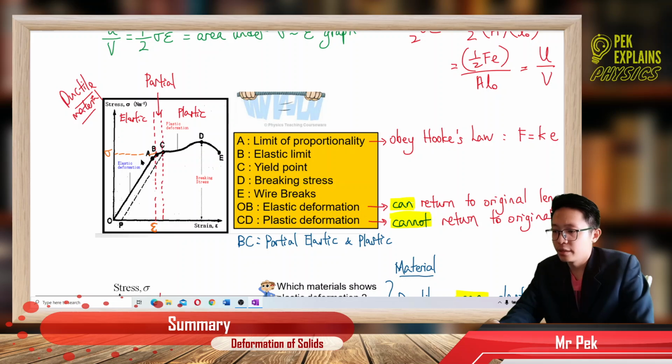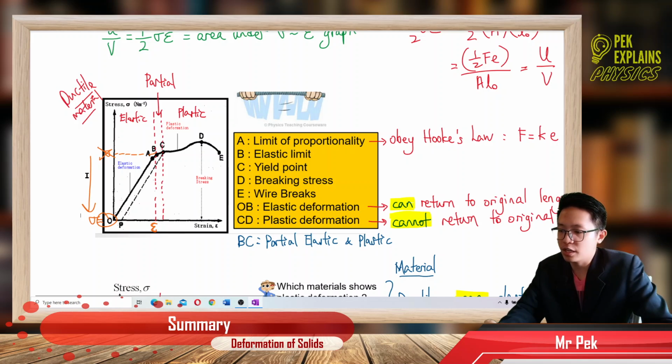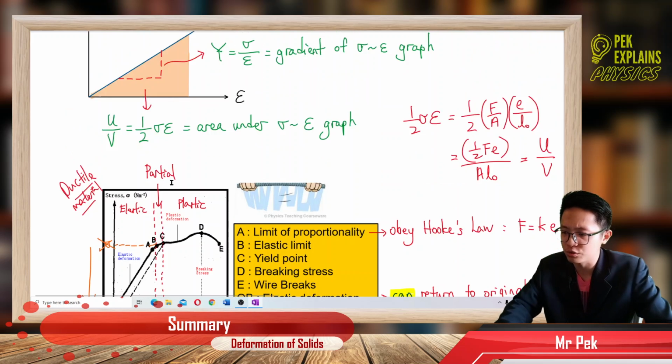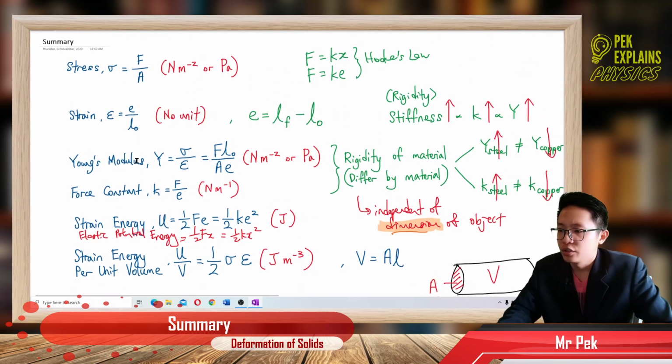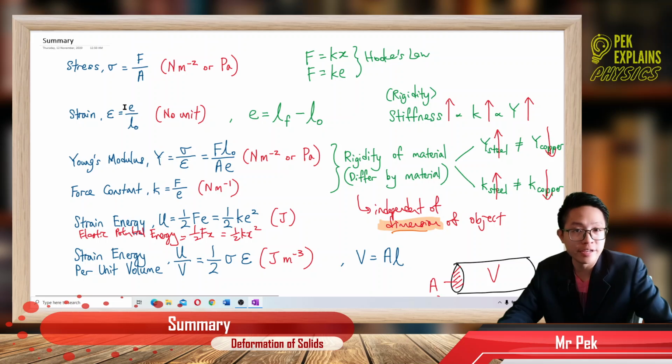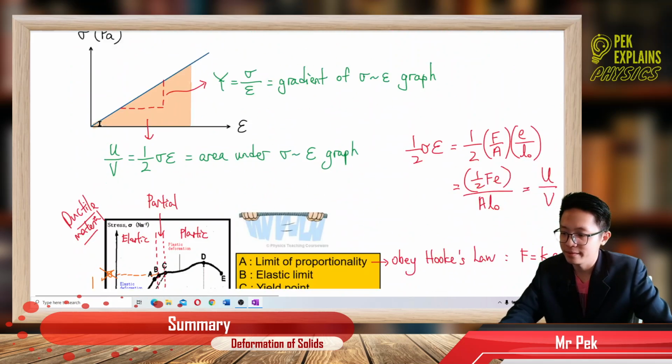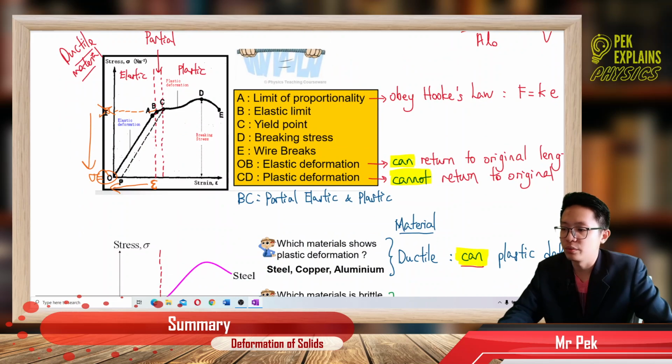But when you release, the stress becomes zero again. The strain also will become zero. That means no more elongation, because strain is actually based on elongation. When elongation becomes zero, strain becomes zero. Understand? So when the stress becomes zero, elongation will become zero.